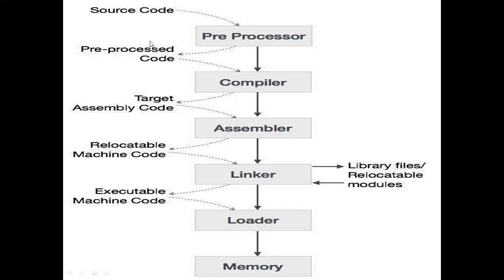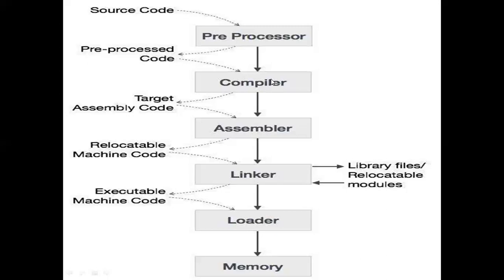That is called pre-processed code. In pre-processed code, the header file lines and macro definitions are eliminated and their contents are included, and it is sent to the compiler.